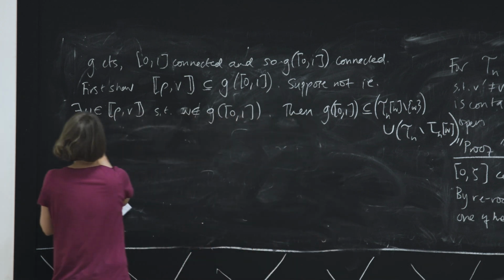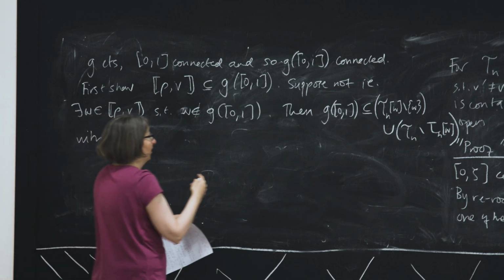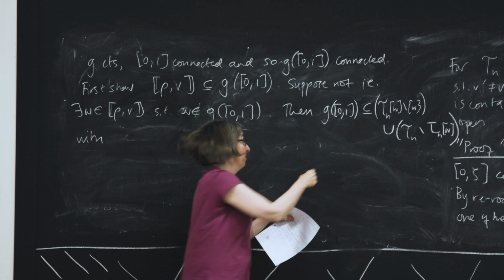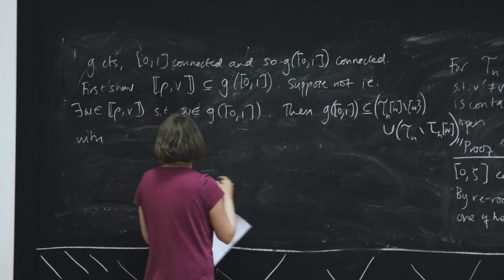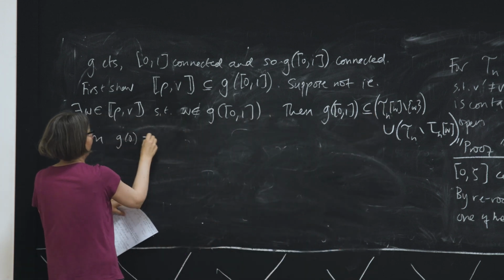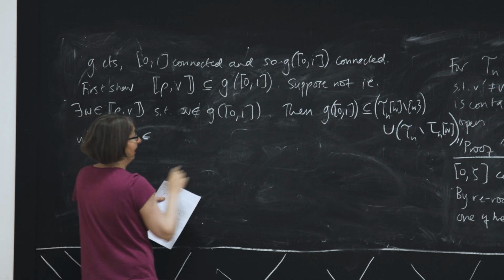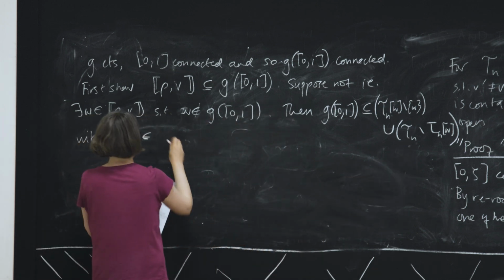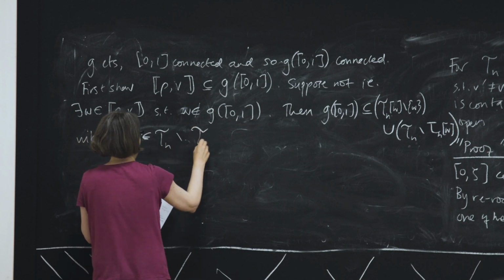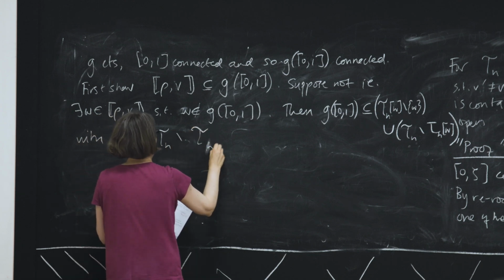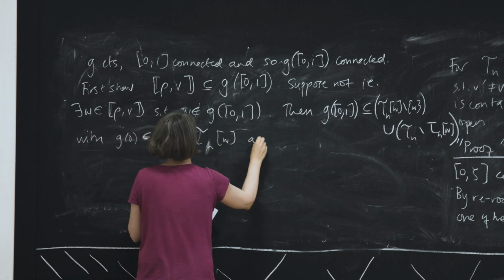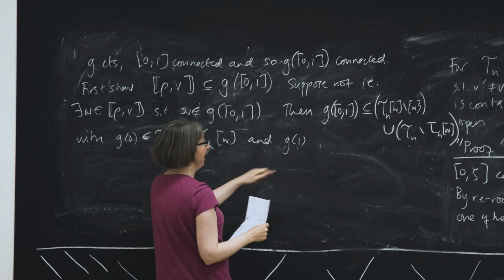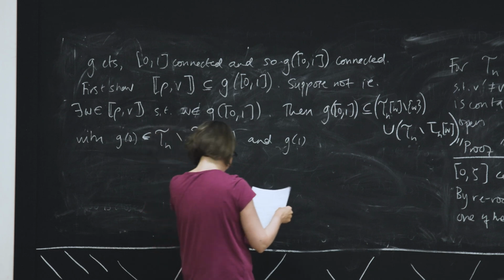Well, I do need to check that I've got at least some part of this in here and some part of it in there, because otherwise it might be that I'm entirely within one bit. But the point is that G of 0 is certainly in the bottom bit. And G of 1, well, that's V, and that must be in the top bit.